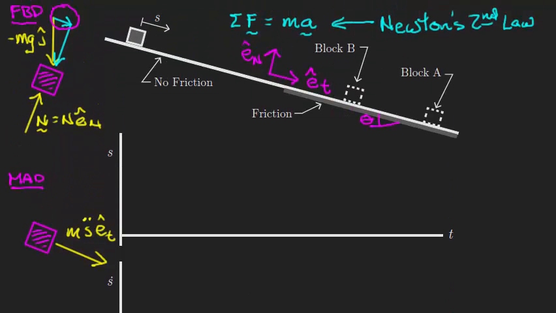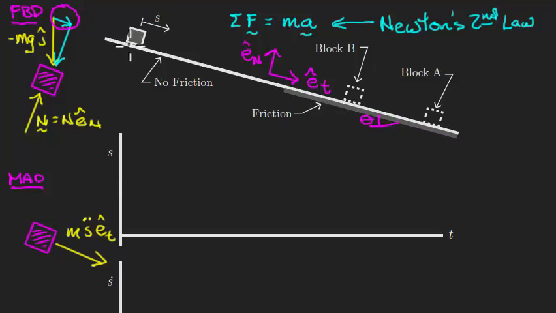And what is s double dot? m times s double dot equals m times g times sine of theta. It's this component of my weight. And what do I know about this component? It's there because I have some weight, but the total weight's not changing, so that part's constant. I have this particular component because of the slope of the ramp at some angle theta, but the ramp is not changing its slope.